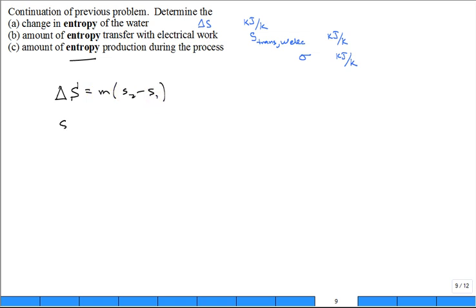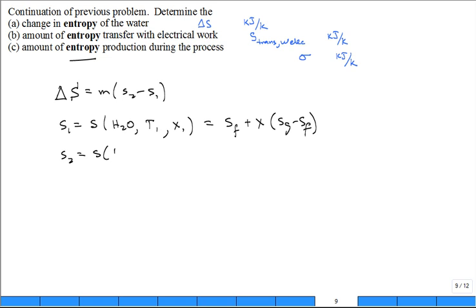Can I get S1? That's the entropy of water, knowing T1 and X1. Is that true? That temperature and quality fix the state. How did I do that? S of F plus quality times S of G minus S of F. True? That equation sure does look like the equation for U. It is, very similar.